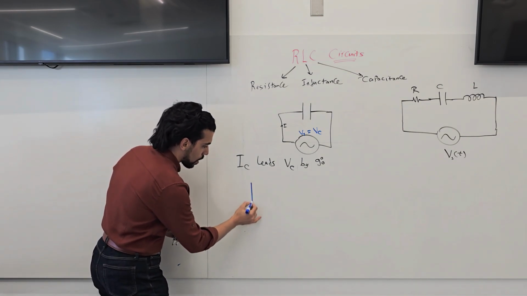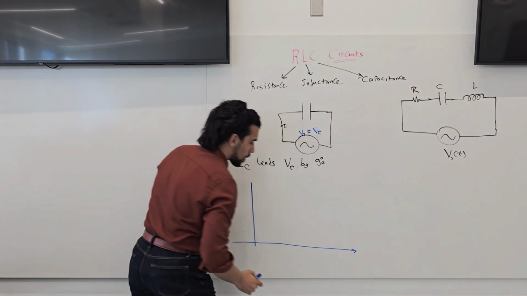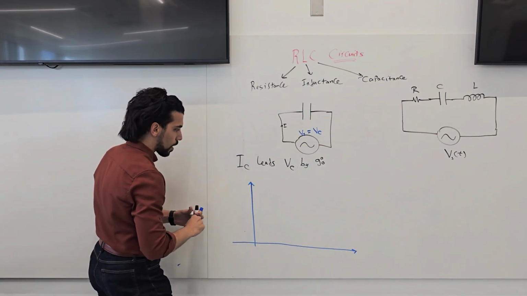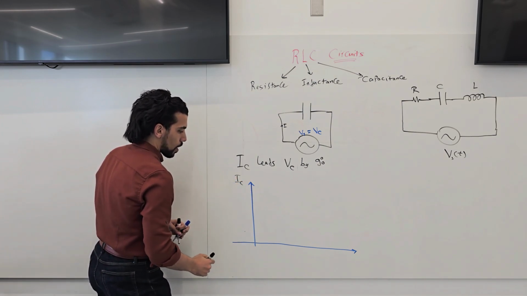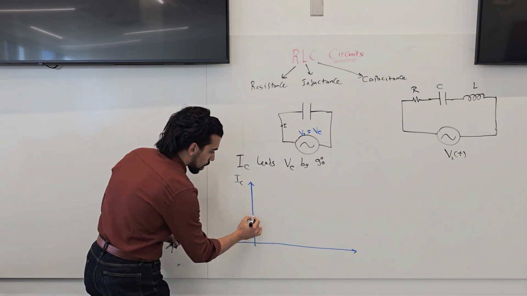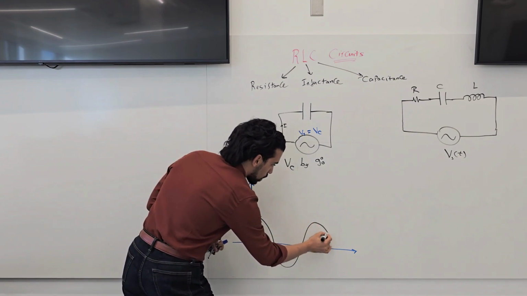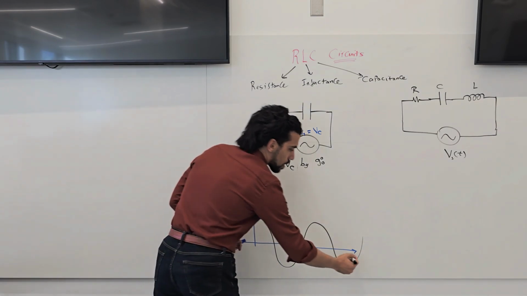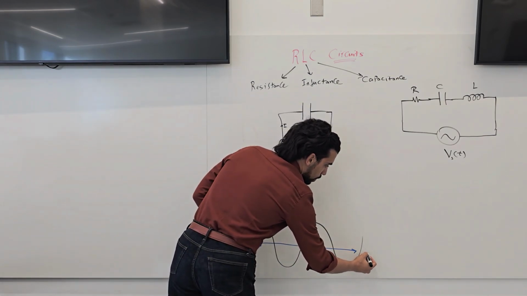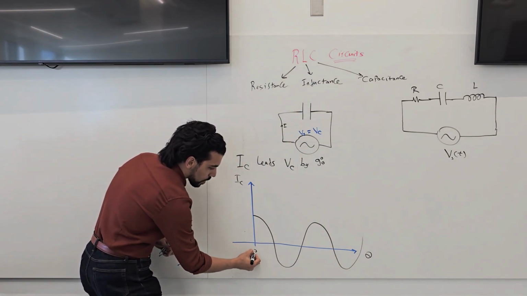So if we were to draw this in the time domain, let's say with the black color, we're going to say the IC, the current itself. If we start, the current is coming from here, going down, up, down, up. And let's represent this one as the angle itself, theta. So we know that this is going to be 0 angle.